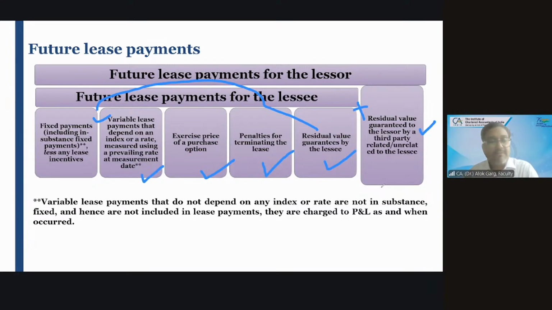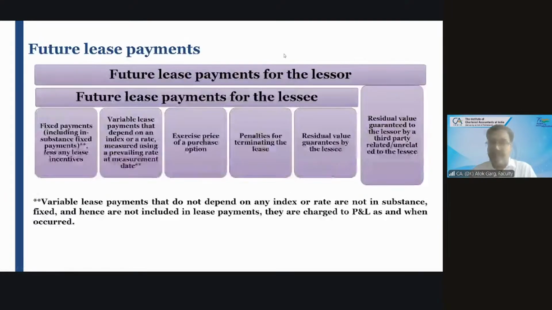So from the perspective of the lessor, if the residual value guarantee is given by any third party, related or unrelated to the lessee, that will also be taken into consideration for the purpose of lease payment.